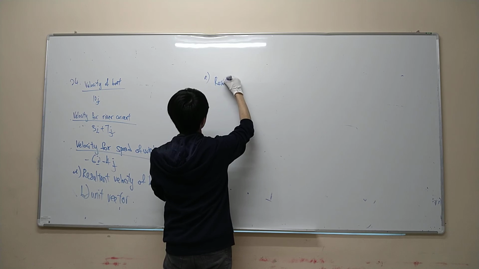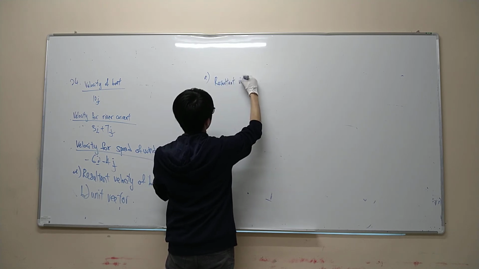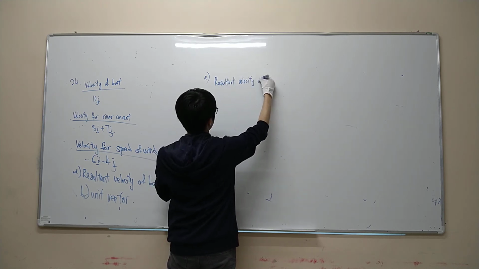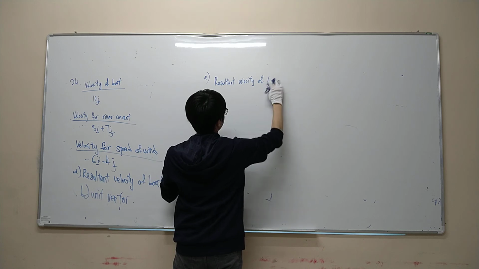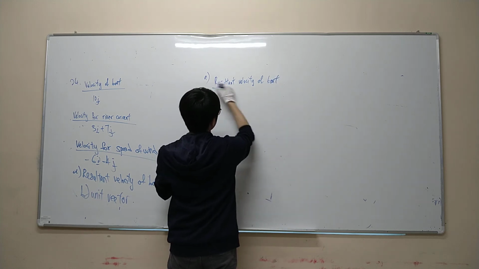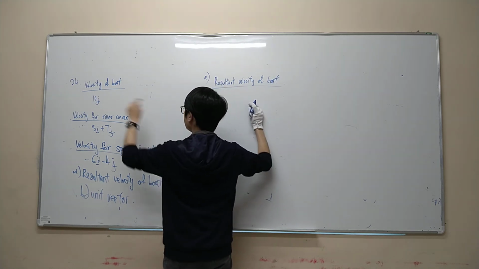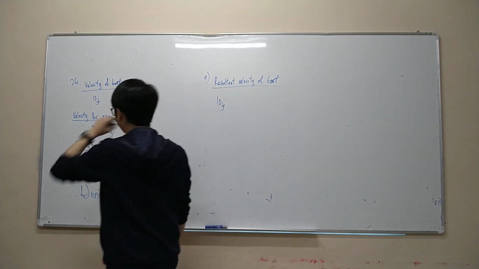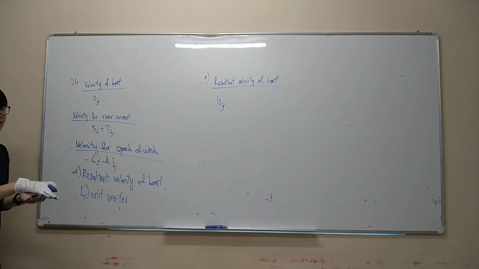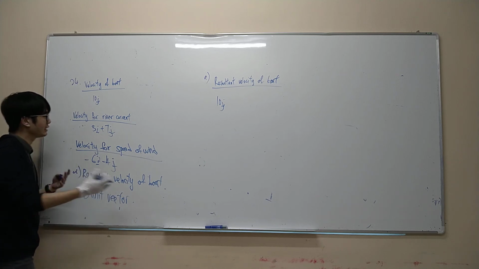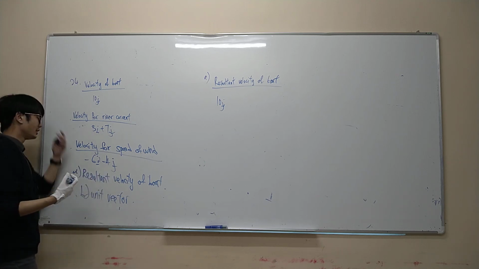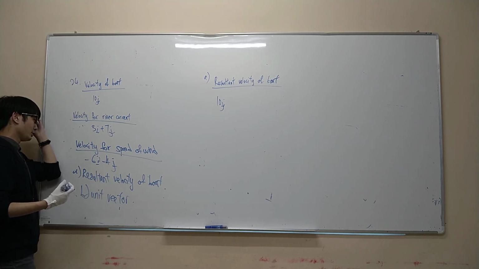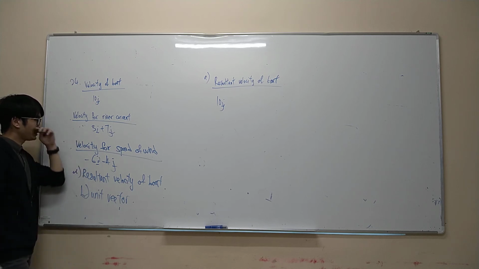So the resultant velocity of the boat. I know that the original velocity is 4i plus 10j. Okay, it's supposed to move at 4i plus 10j. But when you move in the river, there is friction, like a water resistance. So you have to include the river and the speed of wind.